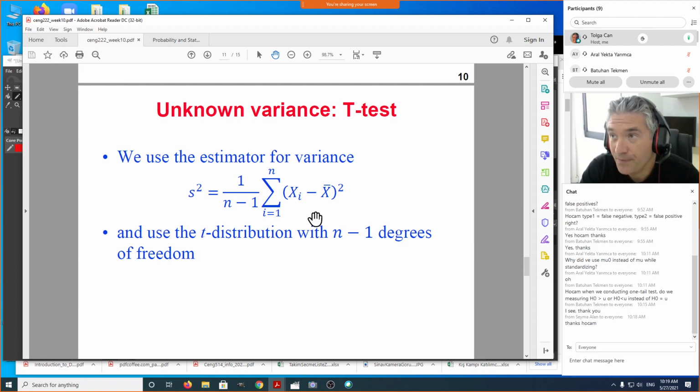This is actually a little bit in conflict with what we did in confidence intervals. So I'm going to verify whether, even if we have large samples, we still conduct a t-test if we don't know the standard deviation or the variance of the population.